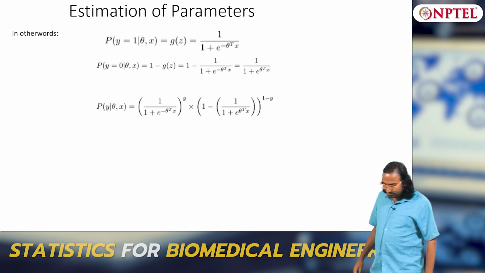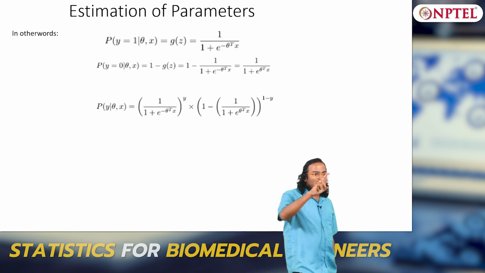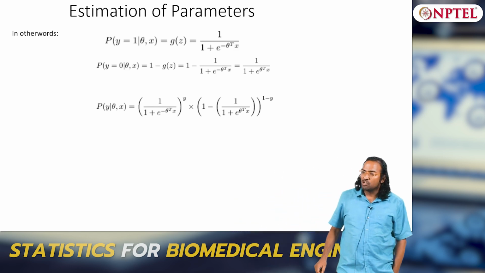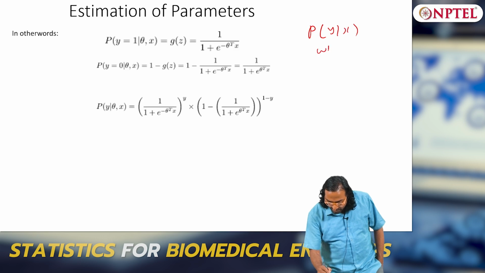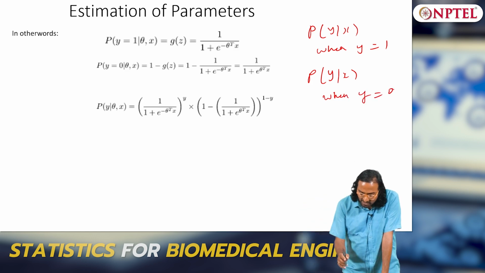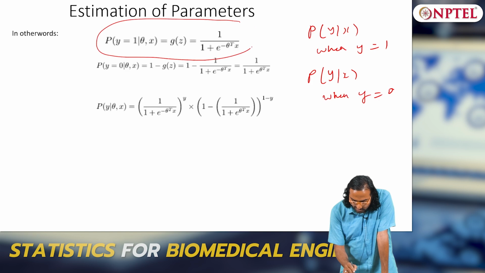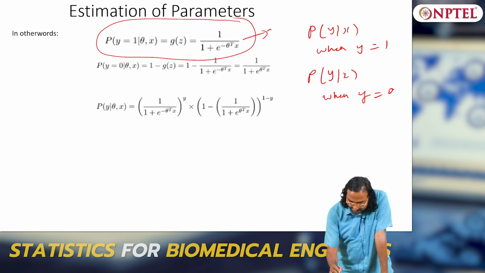So now we have two parts to this function, two parts to this probability of y given x. What is the function for probability of y given x when y equals 1, and probability of y given x when y equals 0? When y equals 1, this is my function, 1 by 1 plus e power minus z, and this is for success.